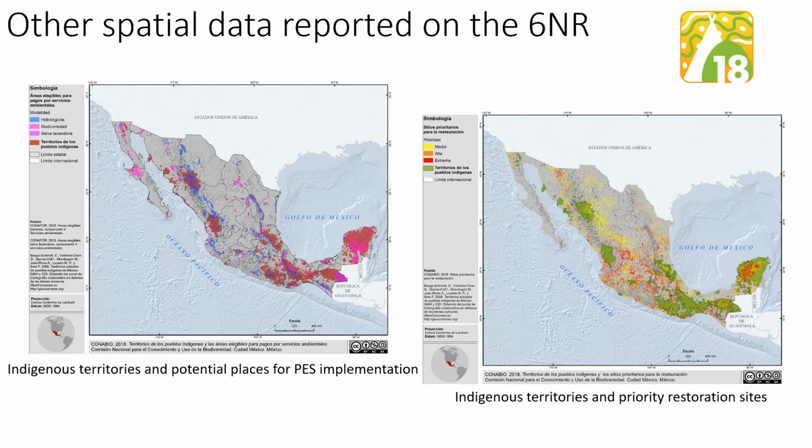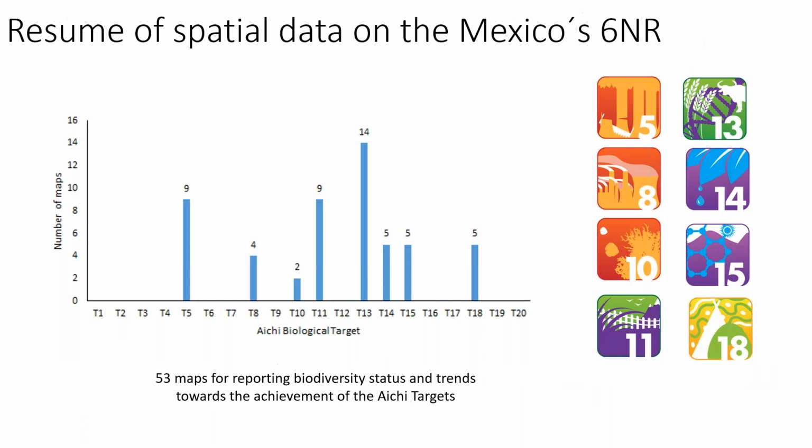We thought that this exercise is important to understand how the public programs can be implemented on the territory and include indigenous participation or local community participation. Next slide, please. Here we present a summary of the spatial data in Mexico's 6th national report.